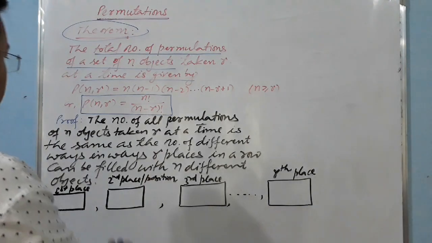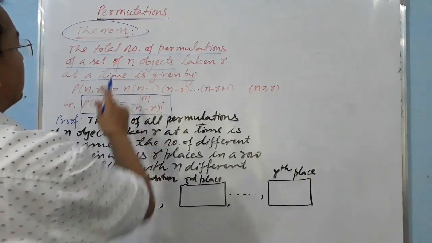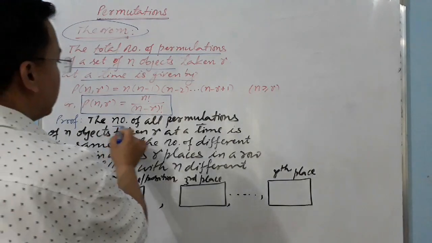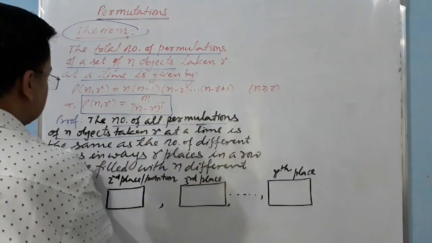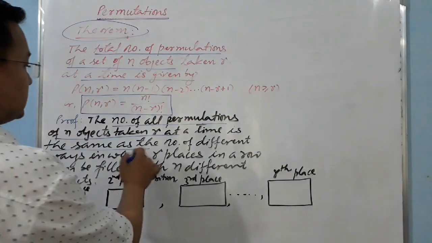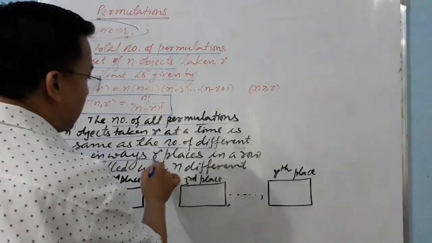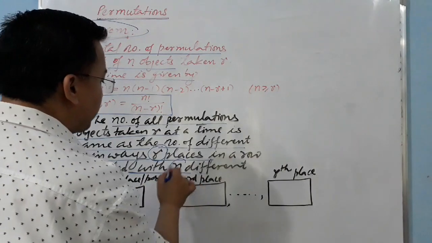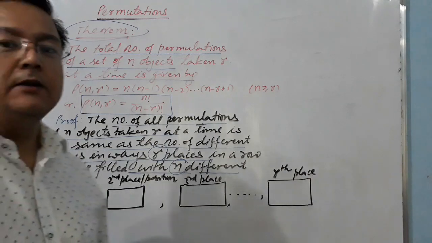Okay, now see, here total number of permutations of a set of n objects taken r at a time. What is the meaning of this one? The meaning is that the total number of permutations of n objects taken r at a time is the same as the number of different ways in which r places in a row can be filled with n different objects.